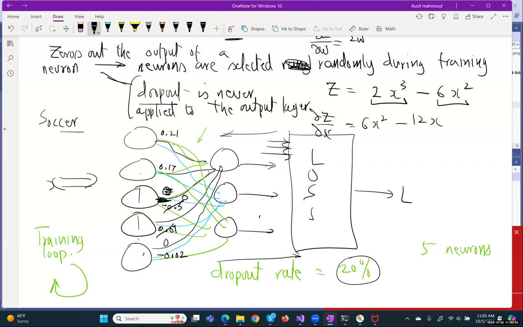So dropout. Let's say you created a model, and remember, we do train, test, validation. Suppose it does a great job on training but does a poor job on test data.